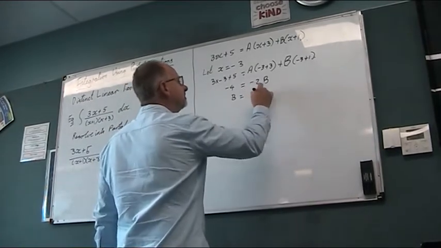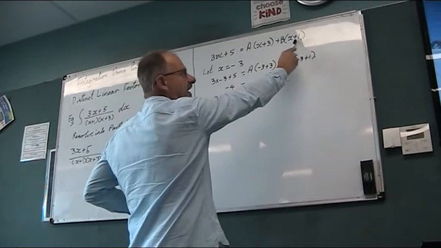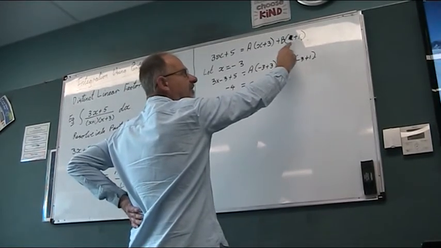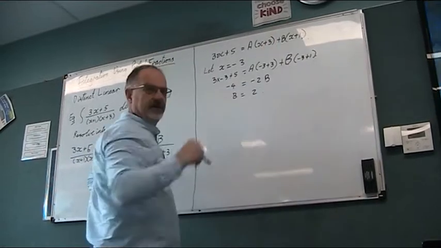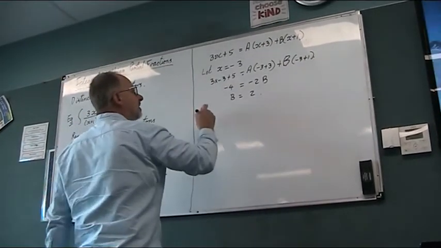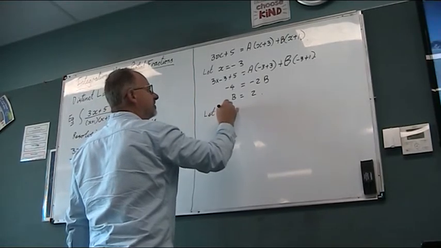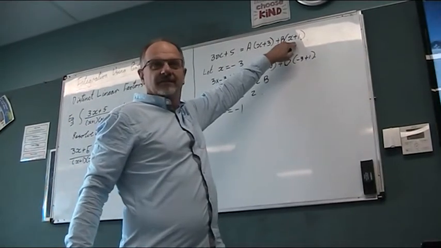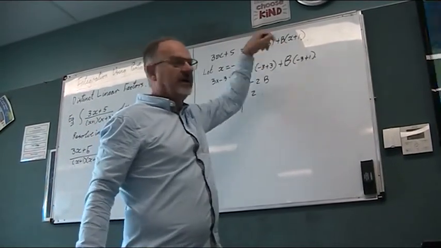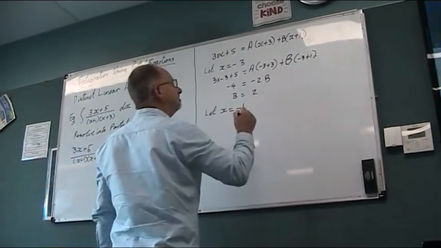2. And then if we have a look at this other one over here, because that's plus 1, if I put negative 1 into there, this term's going to go. So we're not substituting random numbers here, we're having a look at what our factors are, and we're choosing numbers that make one of those equal to 0.